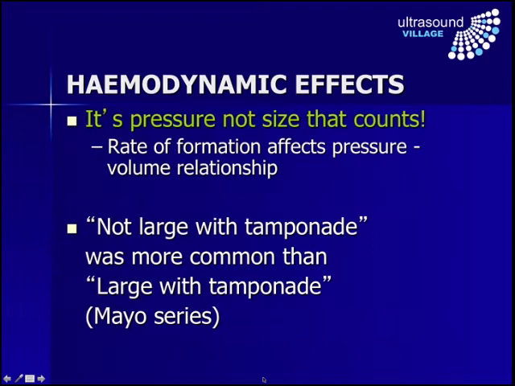On the other hand, if it's an inflammatory effusion that has gradually built up, the fibrous sac may have very slowly dilated to be able to accommodate a large volume. And in fact, in a very large series of patients from the Mayo Clinic, patients with tamponade who had effusions that were not large was actually more common than patients who had large effusions with tamponade.